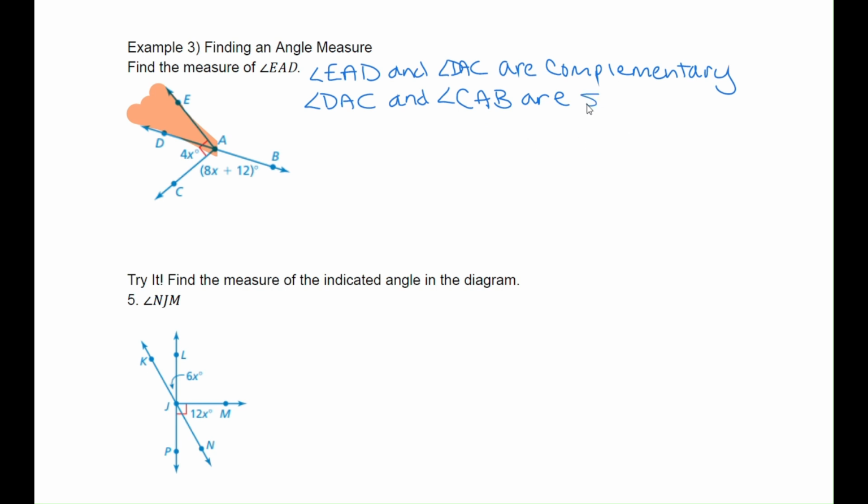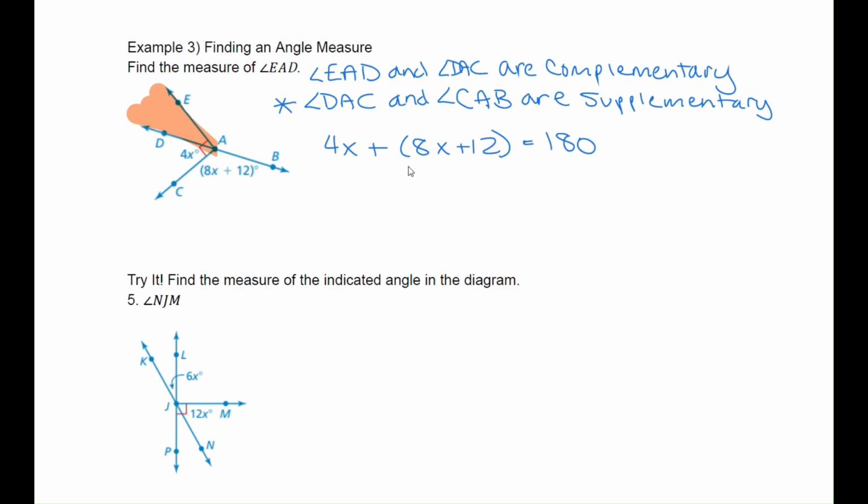So these are supplementary. I'm going to start here and then move on to here. So I have 4x plus 8x plus 12. Using this idea that these two angles are supplementary, they're going to add to be 180 degrees.